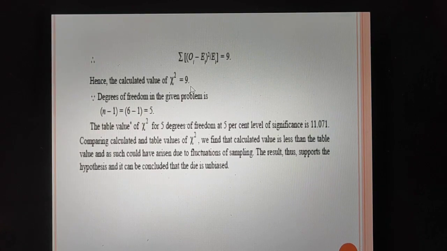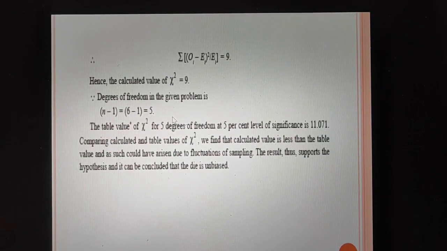Here we also have to calculate the degree of freedom of the given problem. The degree of freedom is equal to the total number of variables minus the unknown parameters. Here there is only one unknown parameter, so n minus 1, 6 minus 1, gives us 5. Now we also have to check the table value.